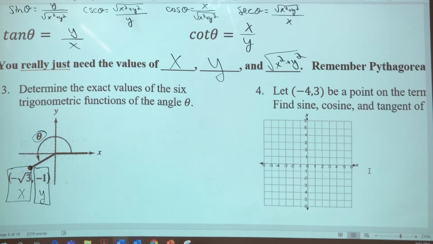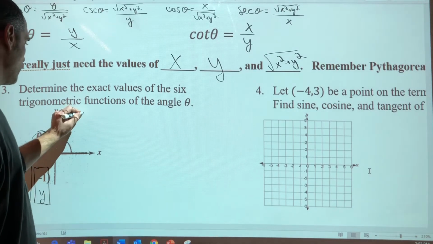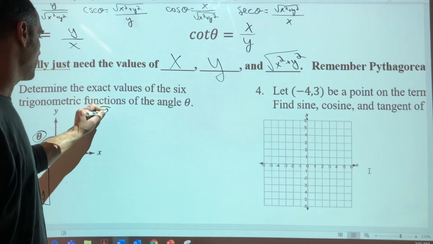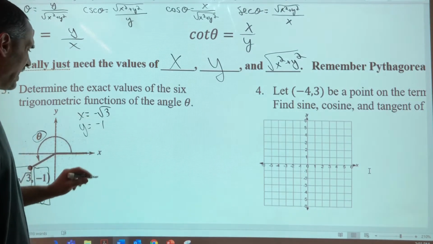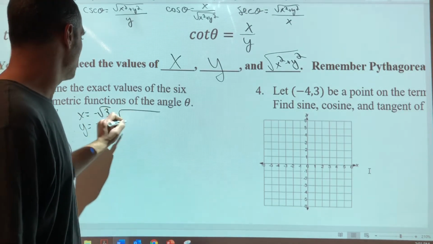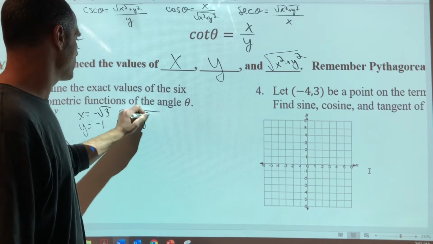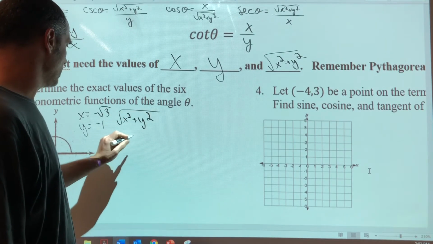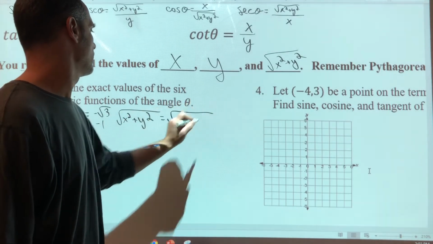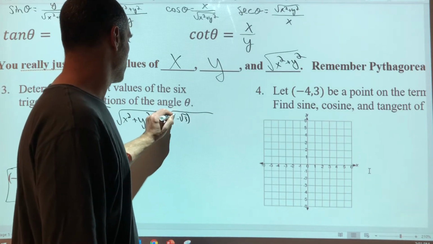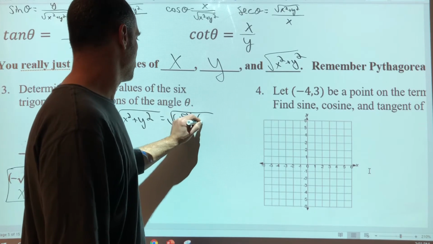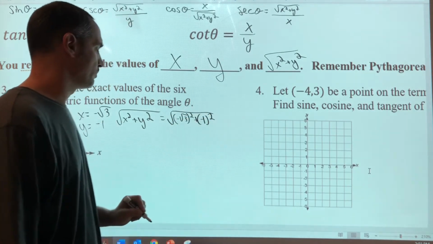So the first thing I'm going to do is find out what x, y, and the square root of x squared plus y squared are equal to. So I know x is equal to -√3, y is equal to -1, and the square root of x squared plus y squared would be the square root of (-√3) squared plus (-1) squared.